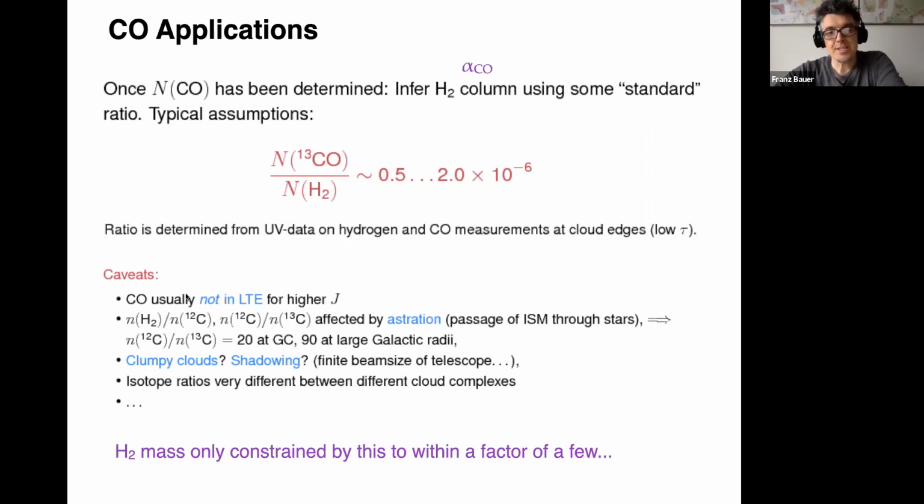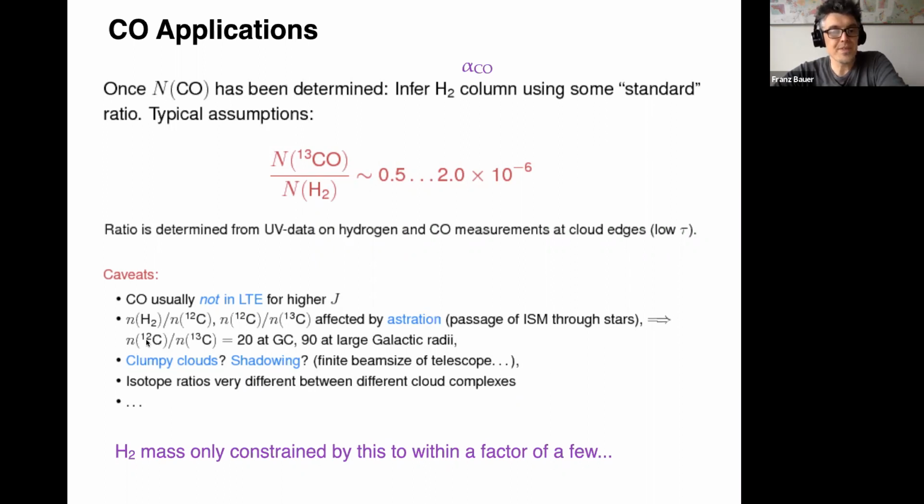A big problem is that CO is generally not in LTE for higher J transitions, higher J values. This ratio and this ratio can be affected by a process called astration, which is the passage of the ISM through stars, or stars passing through the ISM, which can change these values a little bit.